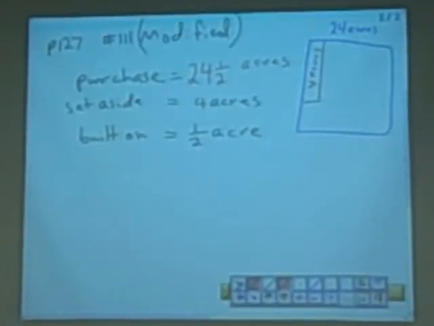Well, what do? Subtract, right. And so we're going to subtract, what are we going to subtract here? We're going to subtract 4 from 24 and a half, right?